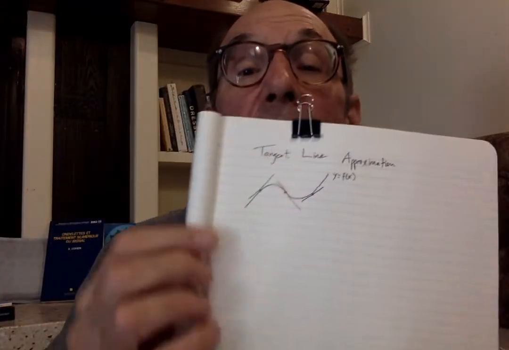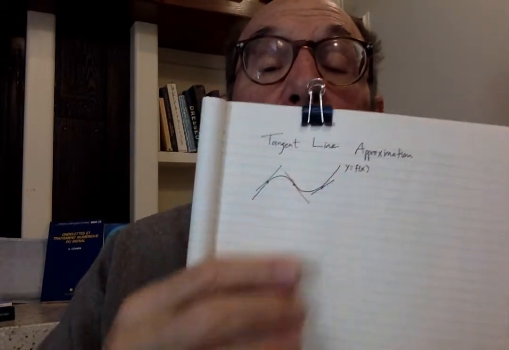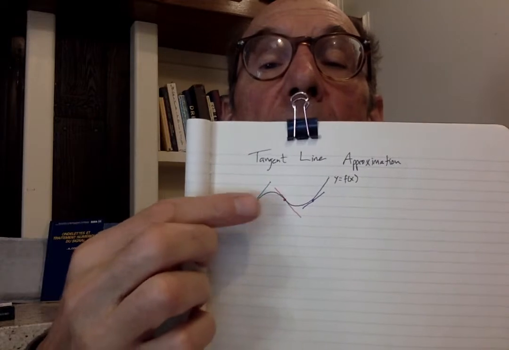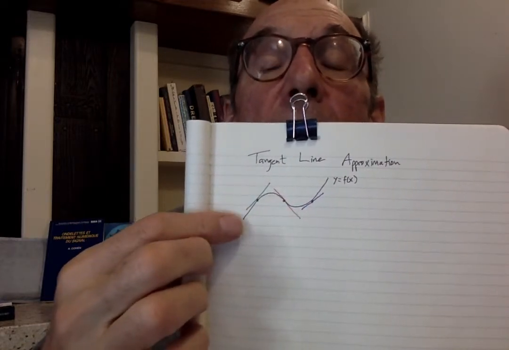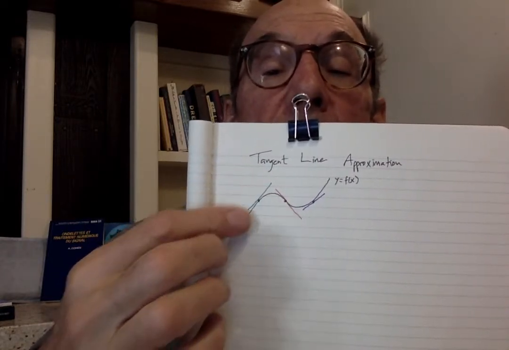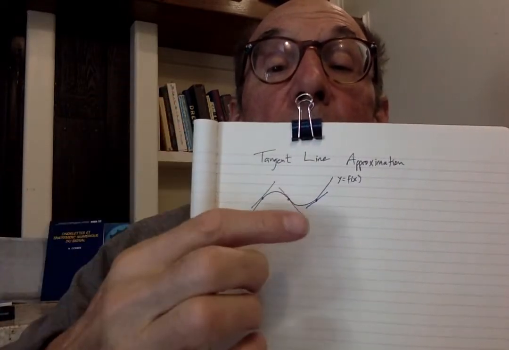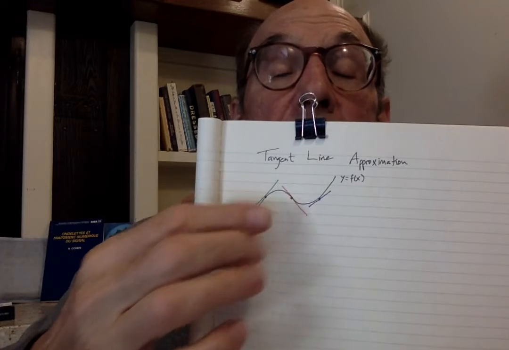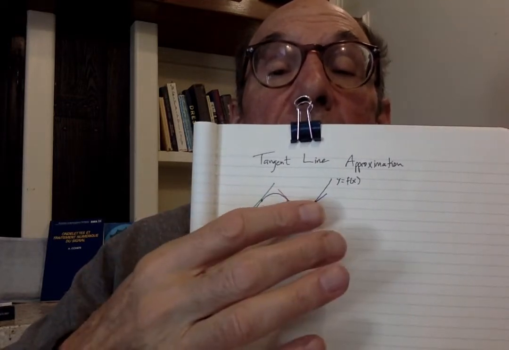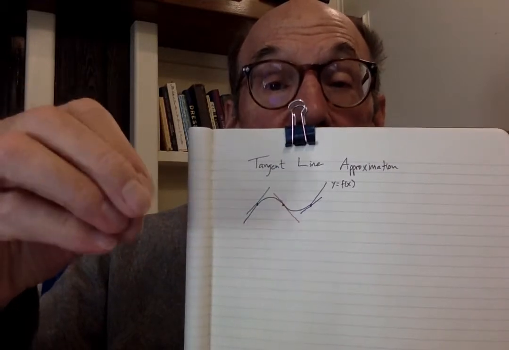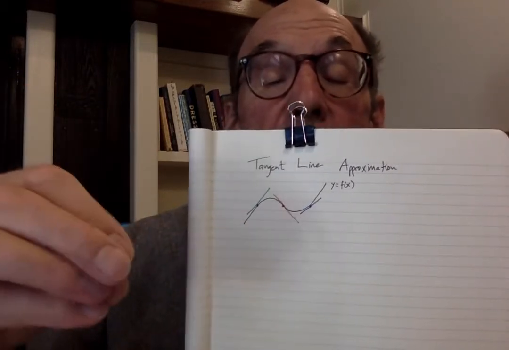So what I've done here is I've drawn in black a graph of y equals f of x, and I've got a couple of tangent lines. The tangent line hits at a point, it only touches the curve once near that point. Some of these touch at other places, and it has a slope. So what you have with this tangent line is a point and a slope.